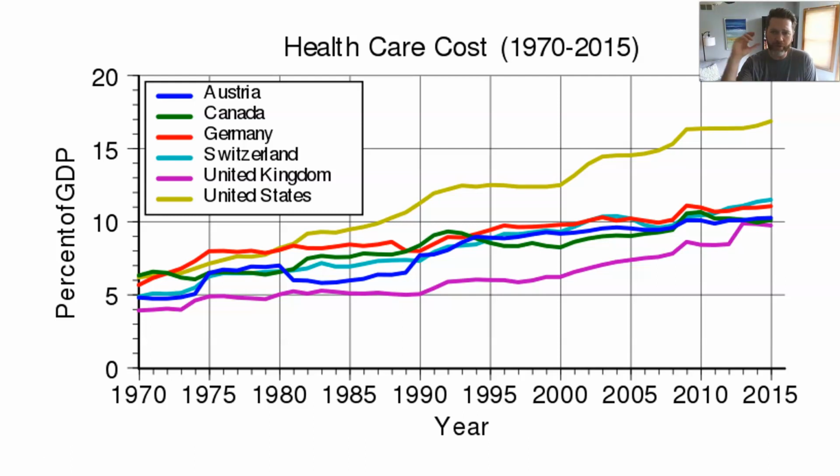So there's this big issue here that we spend a ton of money on it and we don't get as good outcomes as the other countries. So whether or not your politics or your policies involve Medicare for all or other aspects of healthcare reform, one thing that's true and that should unite our politicians is that we spend a lot of money on it and we don't get what we pay for, right?